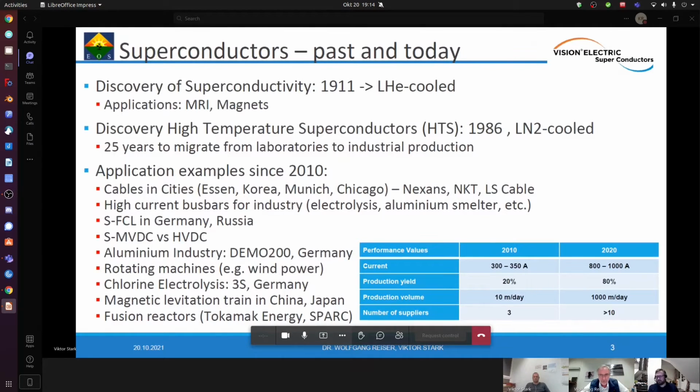Superconductors just left the laboratory a few years ago and entered industry. And we are now in a phase where industry is scaling up the production of superconductors, and Vision Electric Superconductors is transforming superconductors into applications which are used in industry and in grids.